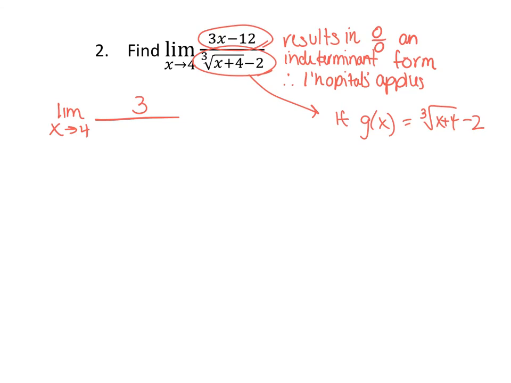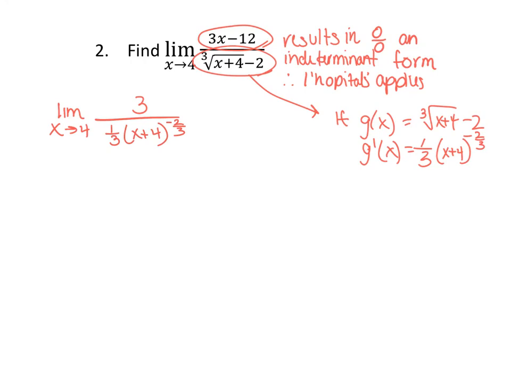You don't want that. So g prime will give us, using our power rule, 1/3 times x plus 4, 1 less than 1/3 would be negative 2/3, times the derivative of x plus 4, which is 1, and then the derivative of 2 is 0. So the derivative of our denominator is 1/3 times x plus 4 to the negative 2/3 power.